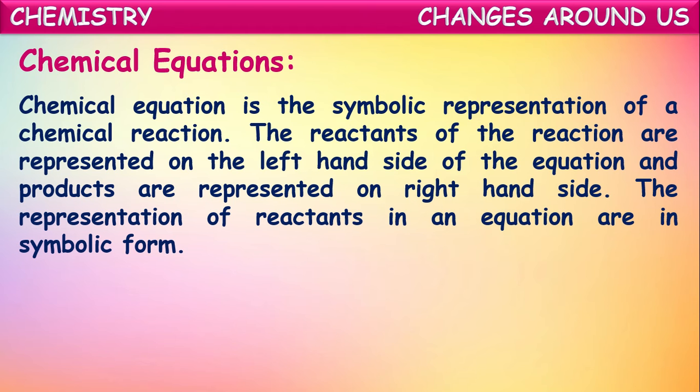And the chemical substances which are formed as a result of this reaction are called products. These products are represented on the right hand side of the chemical equation. So the representation of reactants and products is in the form of their symbols and formulae.